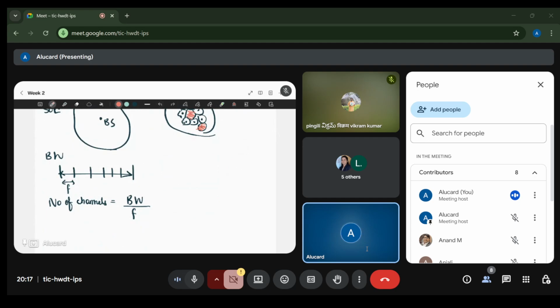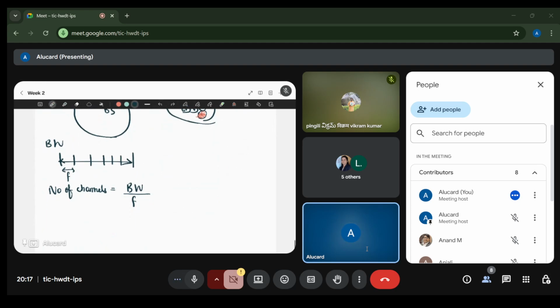So in the first case, how many users can the base station serve at a time? The number of users served at a time is equal to the number of channels.